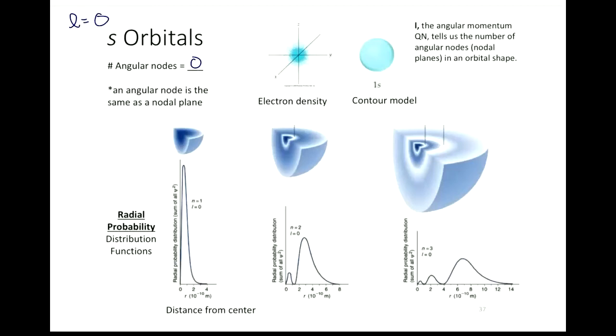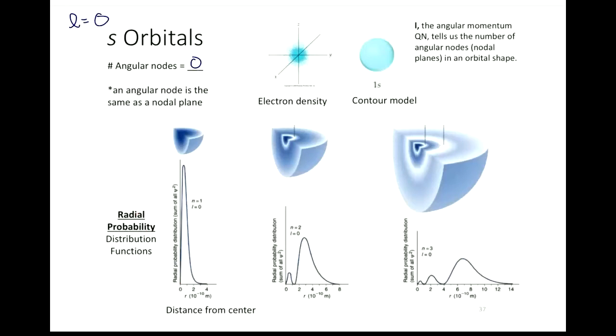All right, so we can also take a slice of this shape and think about it. If we call the nucleus this 0 point, we can also graphically show where the probability of finding that electron is. This is called a radial probability distribution function.